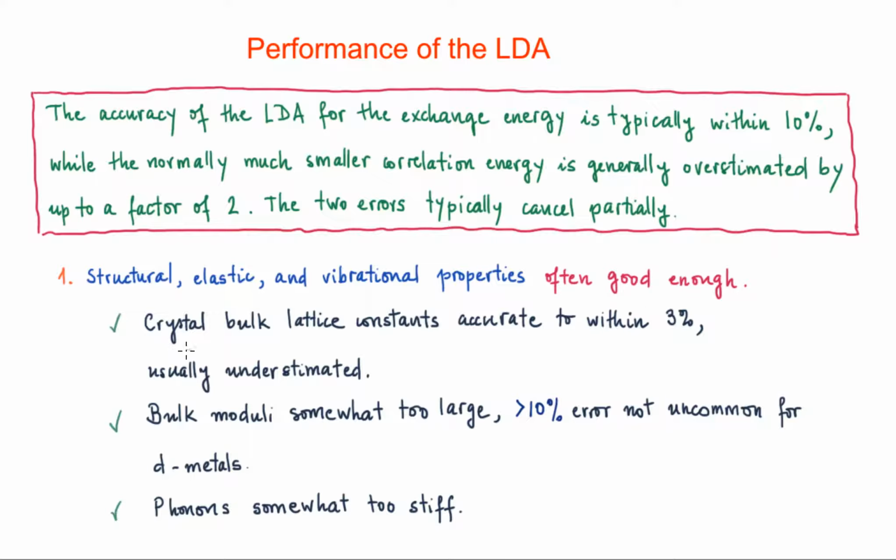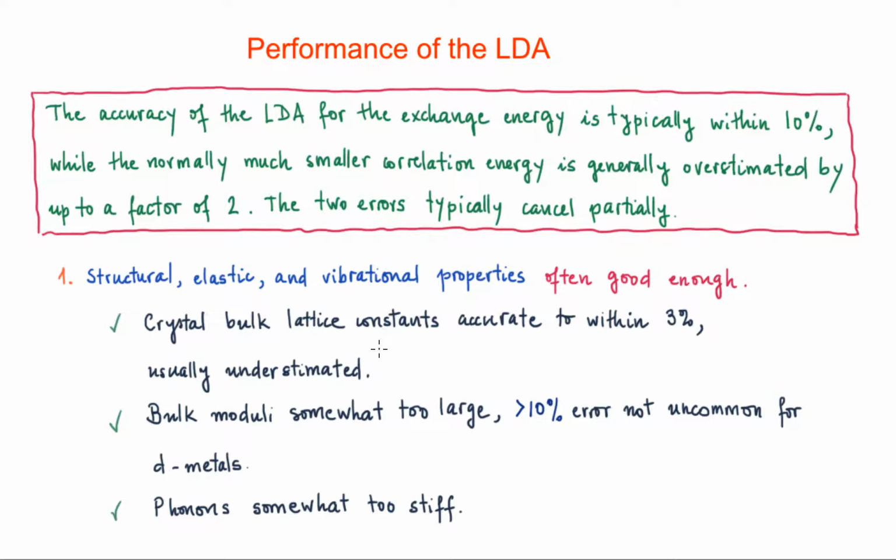For example, the crystal bulk lattice constants are accurate to within 3% and usually are underestimated. That means that the bond lengths, for example, lattice constants calculated within the LDA have an error of approximately 3% compared to the experimental one, and usually they are smaller.